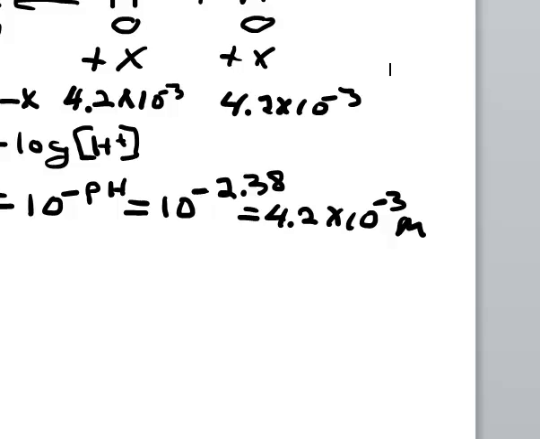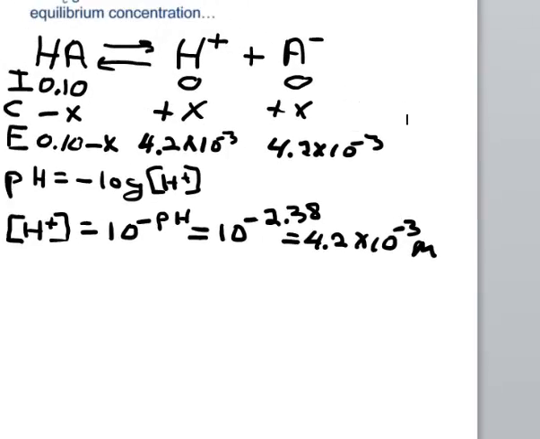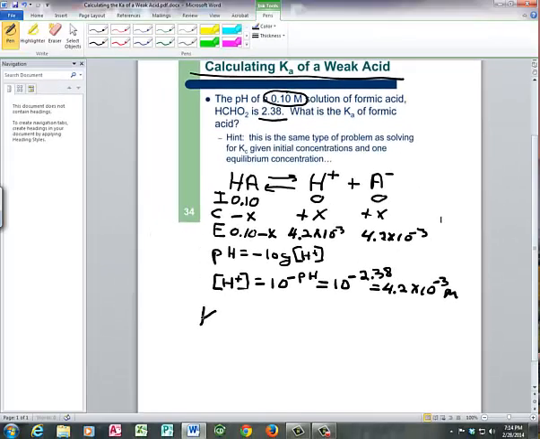Now, like any other equilibrium constant calculation, I want to go ahead and write my equilibrium constant expression using my products, H plus times A minus in this particular problem, divided by my HA concentration.